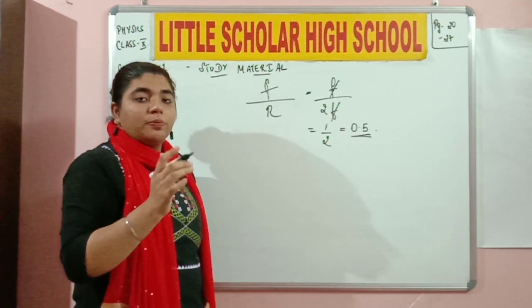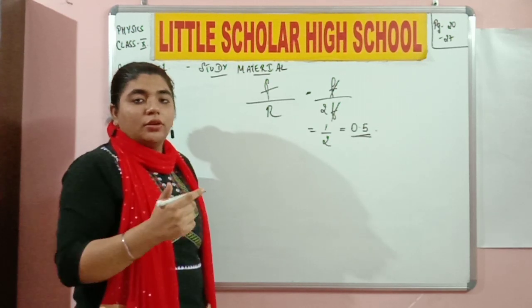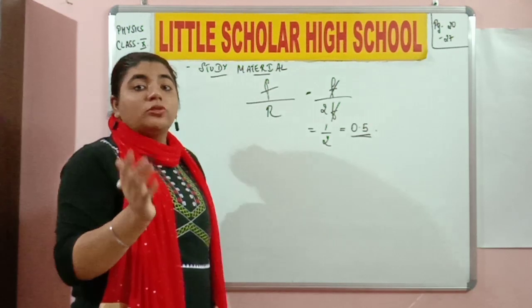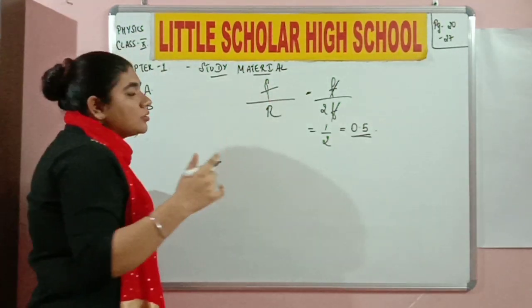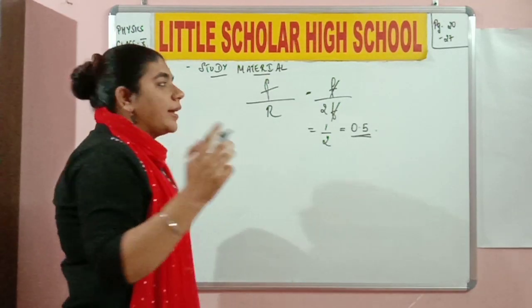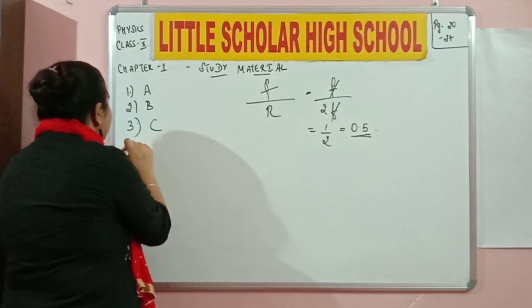If you place the object between P and F, what kind of image are you getting? Virtual. Did you understand? So this means both real and virtual images can be formed with concave mirrors. And what is the super explanation of that? Ray diagrams, of course. That's the best example that you can use. So third one is option C, class.